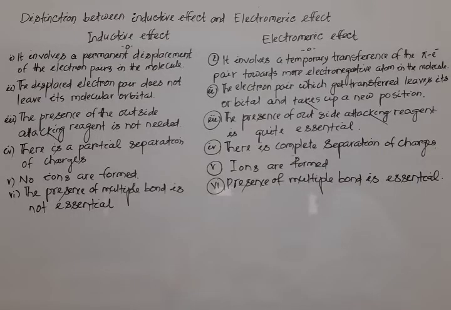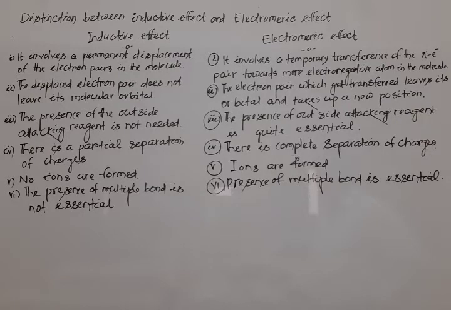Okay, third point, inductive effect. The presence of outside attacking reagent is not essential. While in electromeric effect, the presence of outside attacking reagent is quite essential. Okay, fourth point, inductive effect. There is a partial separation of charges.